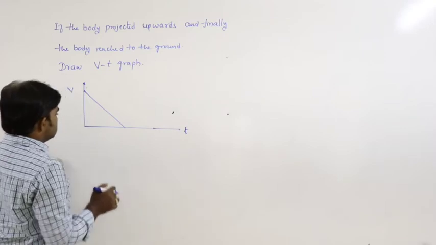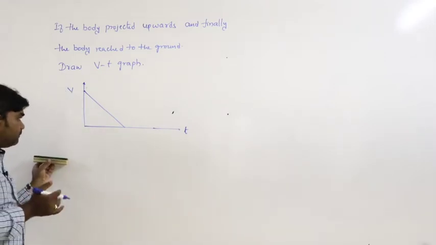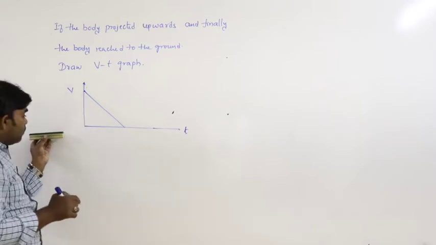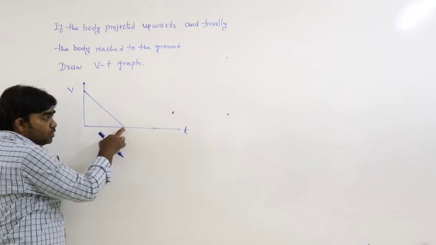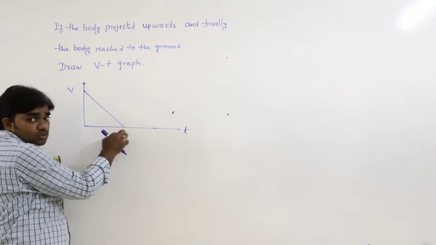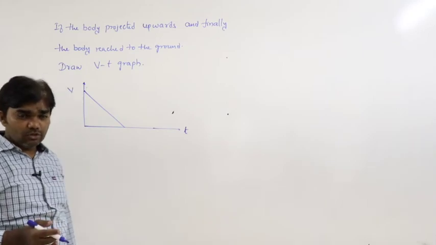How can you draw this? Initially, if we are projecting the body, velocity is maximum. While the body moves upwards, velocity decreases and finally becomes 0. Where does the velocity become 0? At maximum height, velocity becomes 0.